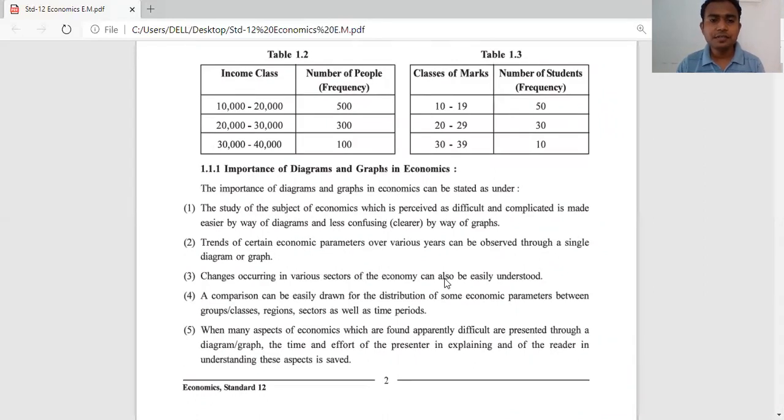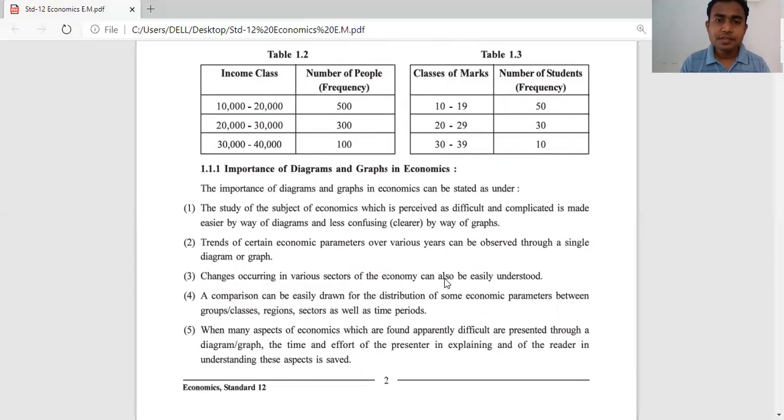Now, the first point says that the study of the object of economics, which is perceived as difficult and complicated, is made easier by way of diagrams and less confusing by way of graphs. In economics, there are many topics which seem complicated and difficult when you read them.